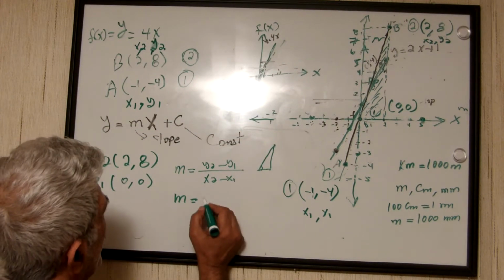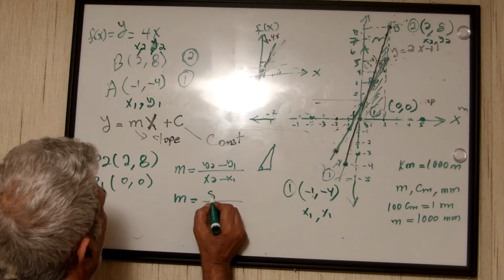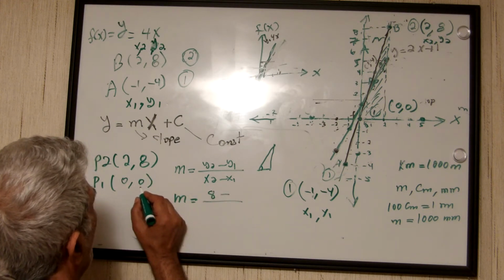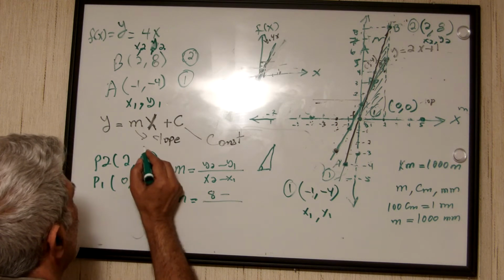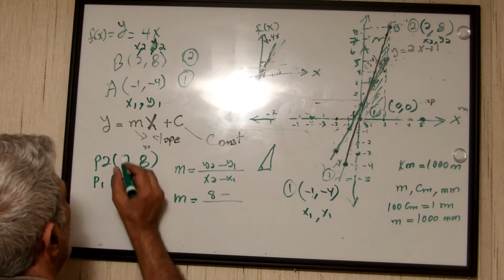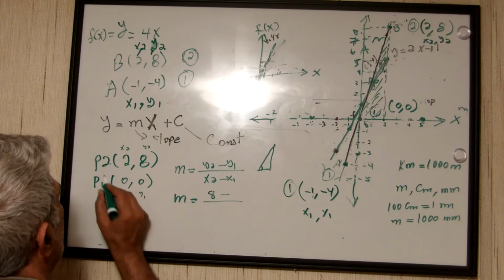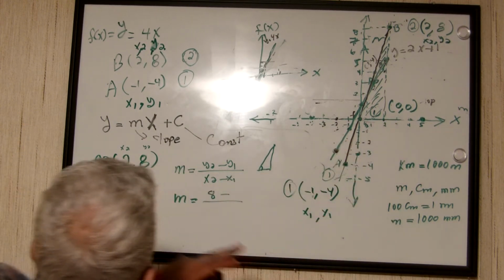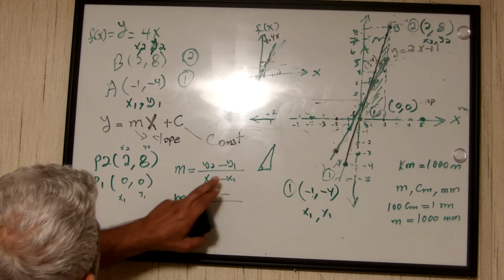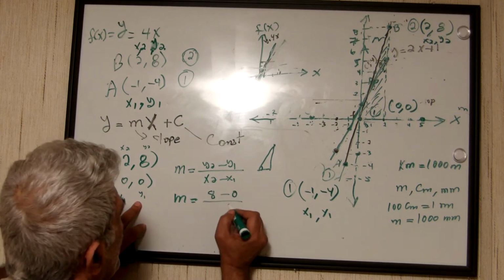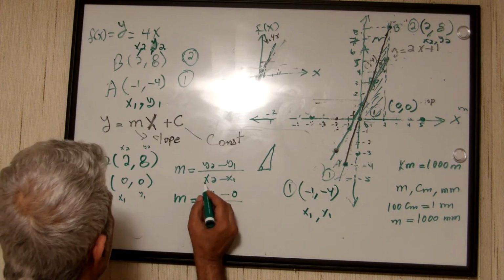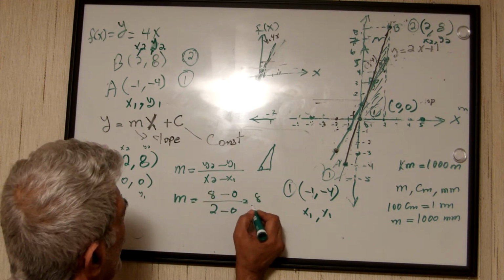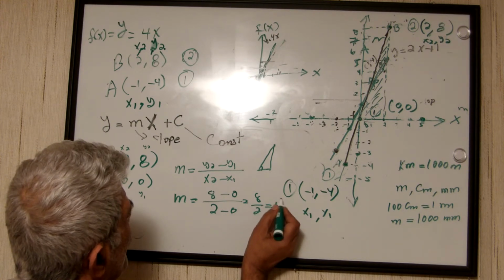y2 is 8. Okay, y2 is 8 minus y1. This is the y2, y1, x2, x1 point. 8 minus y1, what is y1? It is 0, okay? And then we have x2. x2 is 2 minus 0. That is equal to 8 divided by 2, which is 4.